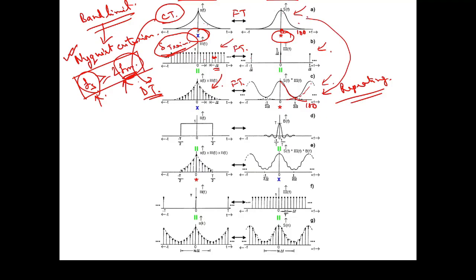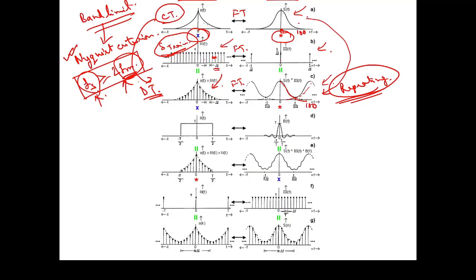But for a continuous time signal, we have the FM equal to infinity, which we cannot handle with our digital systems. So because of this reason, we have to band limit the signal, so that in the frequency domain, when the frequencies are repeating themselves, they do not get overlapped. Okay, this is done.